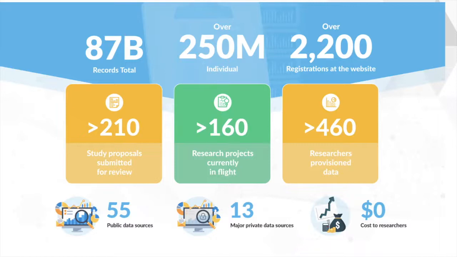We also have those 13 major private data sources, and those are incredibly granular. They are individual level data, albeit de-identified individual level data. And those are refreshed on various cadences, but very regularly compared to other data sources. And obviously this is all made available pro bono at no cost to researchers.